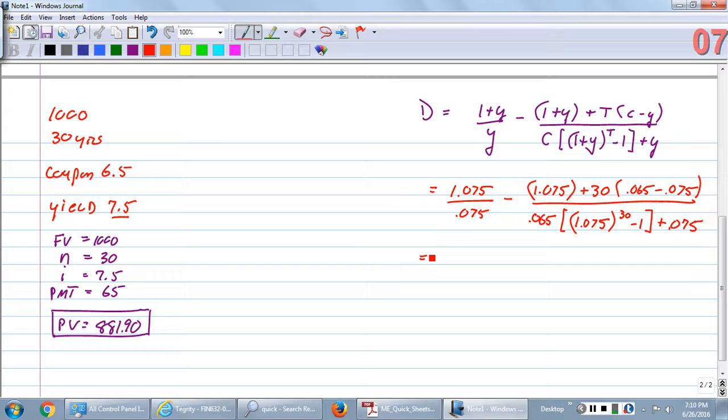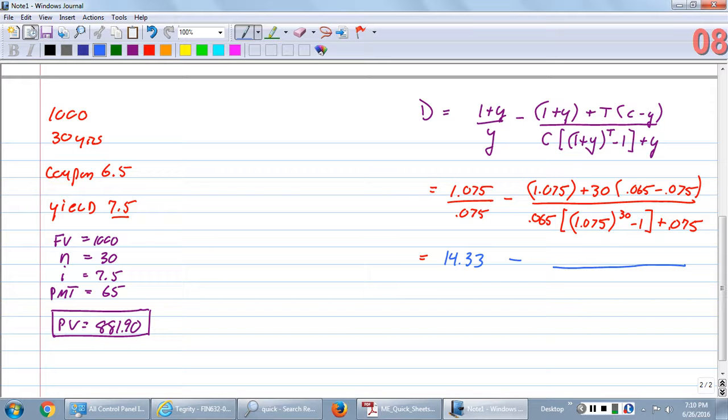Alright, let's do it in stages. 1.075 divided by 0.075 gives me 14.33. Minus, let's do the numerator. I'll take 0.065 minus 0.075, and multiply that times 30, and then add 1.075.